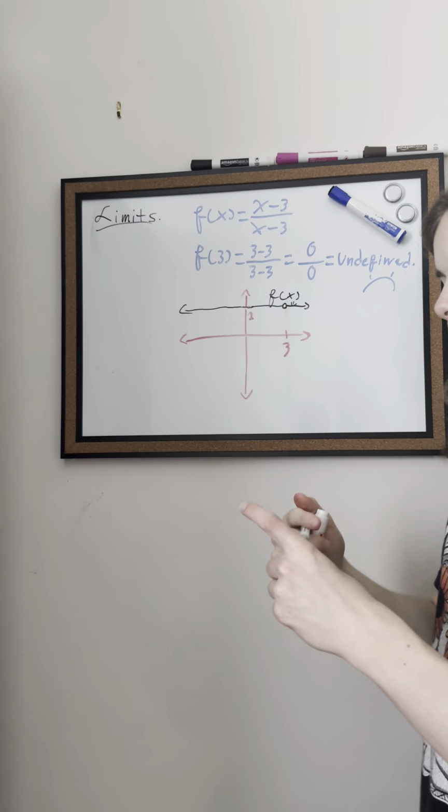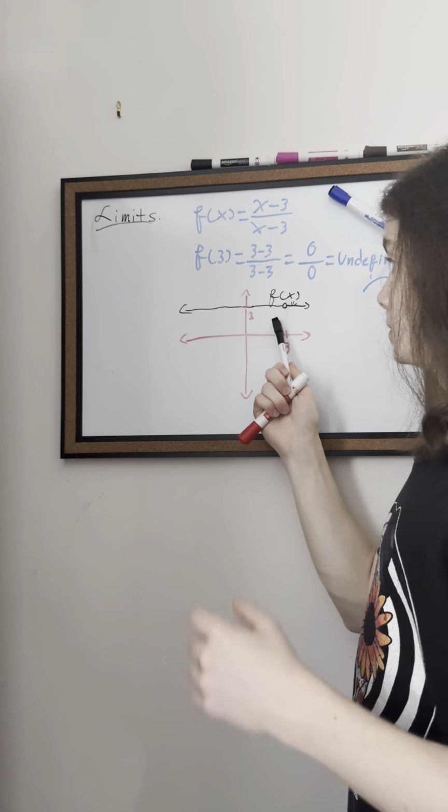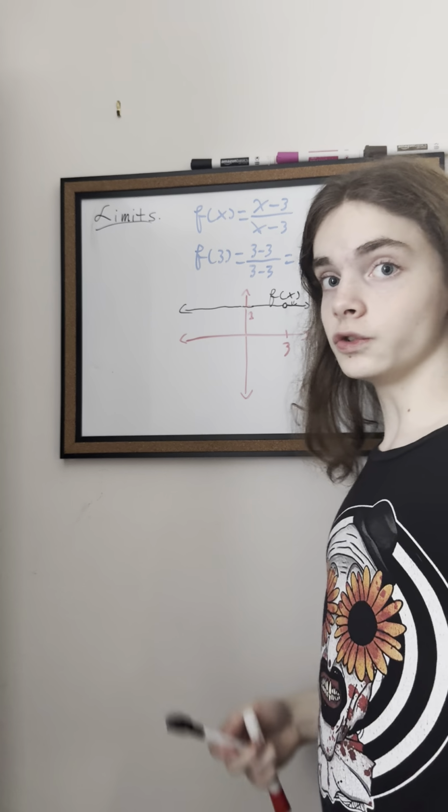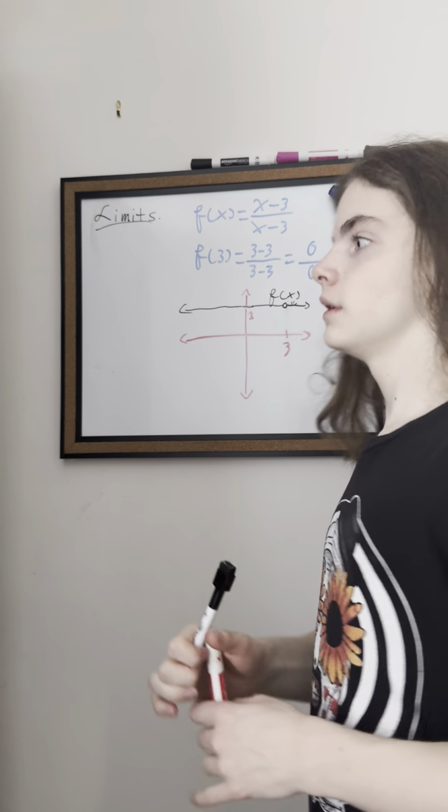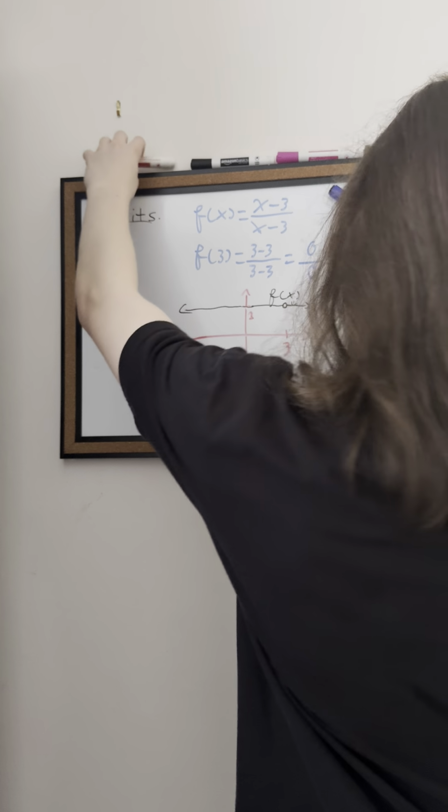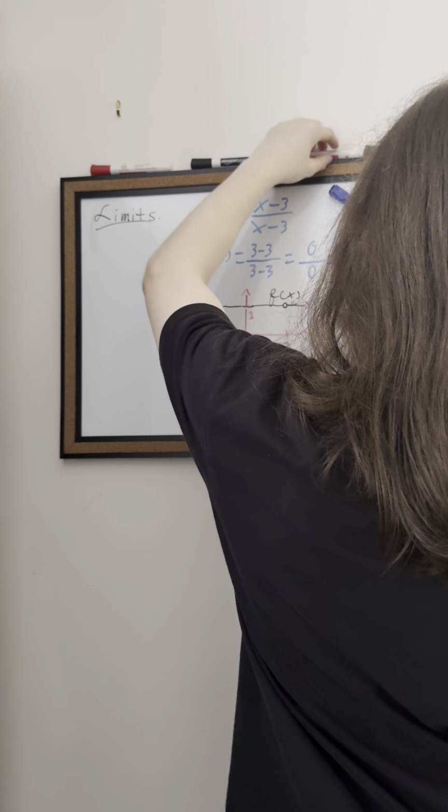This is f of x. As you can see, when x equals 3, we have this little hole here because we don't know what it's defined as. Now our limit expressions can come into play.